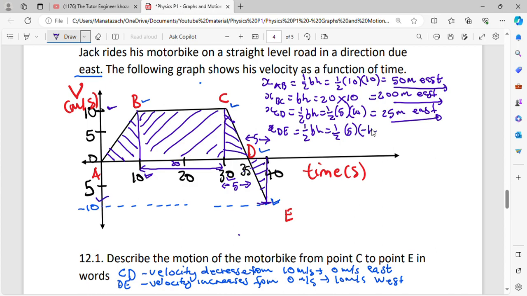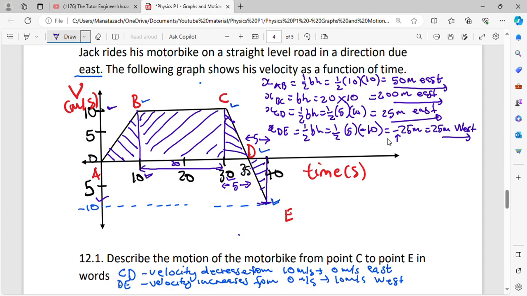Since we are dealing with displacement, we are not forgetting the sign of minus 10. So that will give us minus 25 meters. Since it's negative, the answer we'll say is 25 meters west, right? Remember, this sign is telling us that the bike is now moving in a displacement towards the opposite direction, which is west.